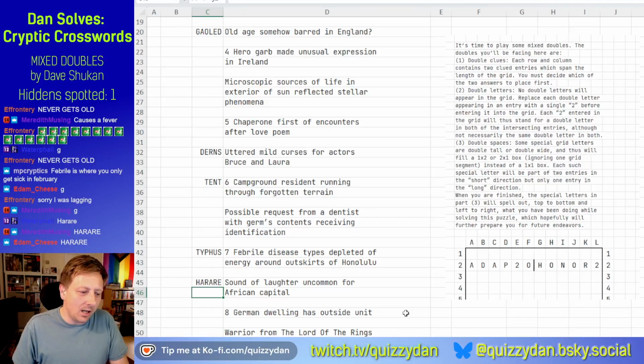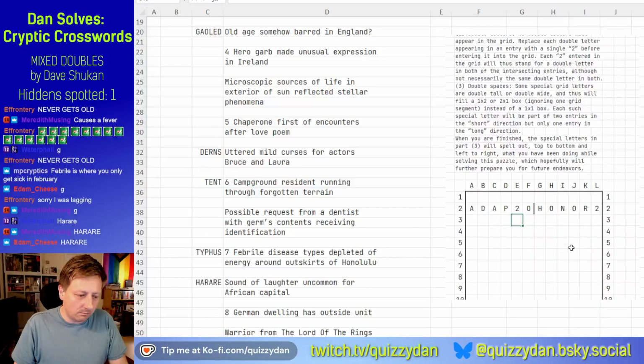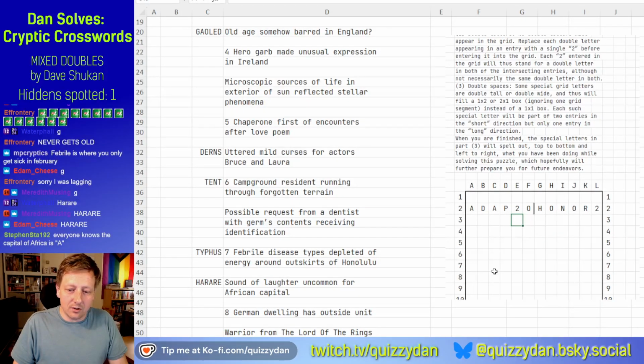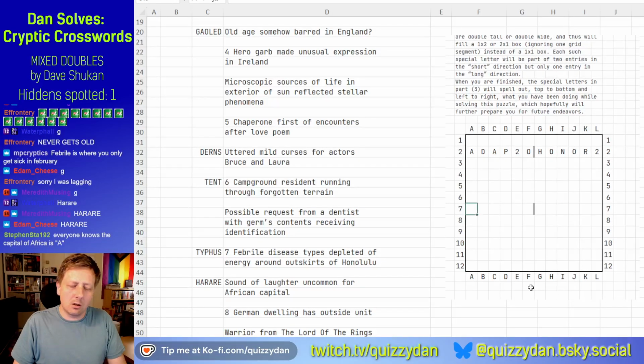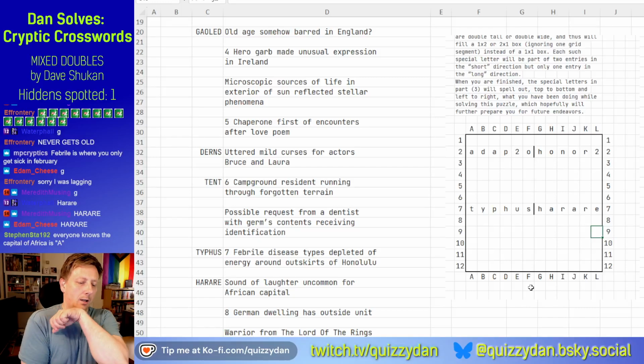So we've got typhus and Harare. I think those can just immediately go in. There's no shenanigans. There's 12 squares. We're not told that this crossword has symmetry. I'm going to put them in lowercase to remind me that actually it's a provisional thing. So typhus and Harare.